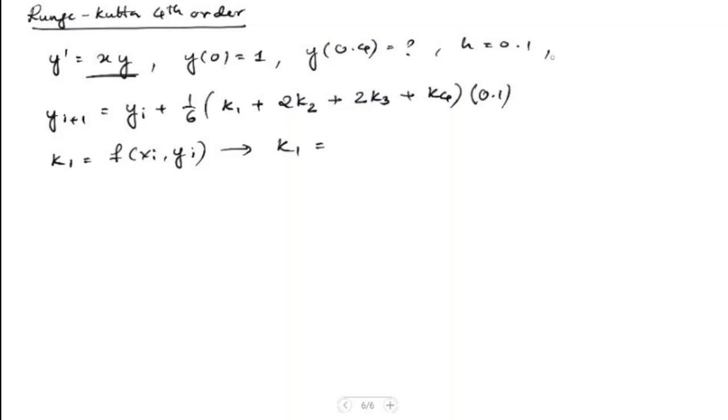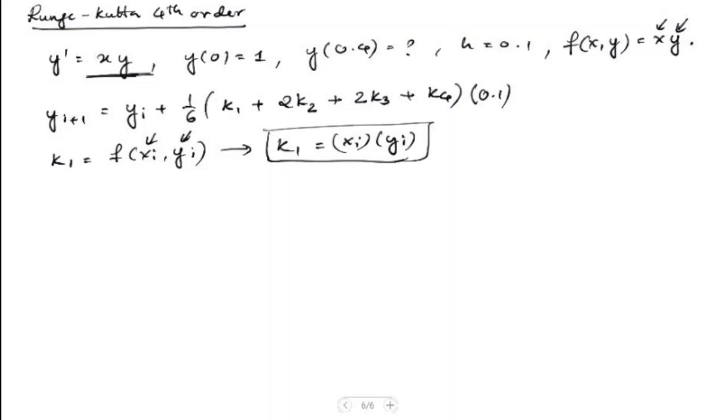So let me write it again. The function f(x, y) is this function here, which is x times y. What I'm doing here is just replacing x and y by xi and yi. So we'll get xi times yi, and that is the formula for k1.